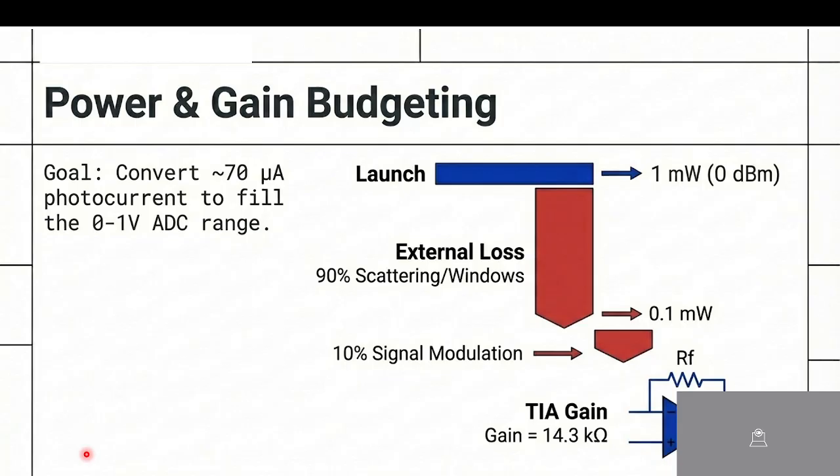Based on that, after the TIA gain of 14.3 kilo ohm, it will achieve a readable signal. The goal is to convert 70 microampere current to fill the 0 to 1 volt ADC range.